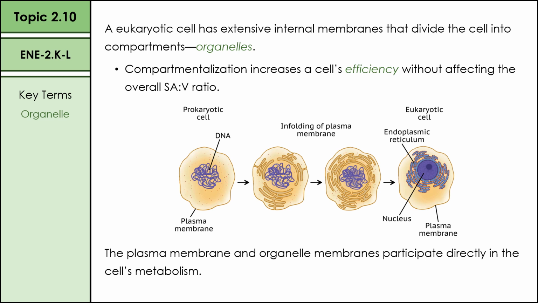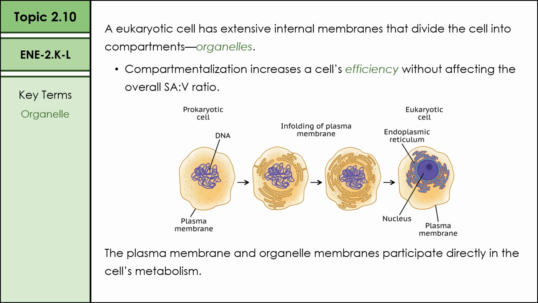And so all of these different organelle membranes and our plasma membranes, they participate directly in our cell's metabolism, and they allow our eukaryotic cells to create much more products over a period of time than we would be able to produce in our basic prokaryotic cell.